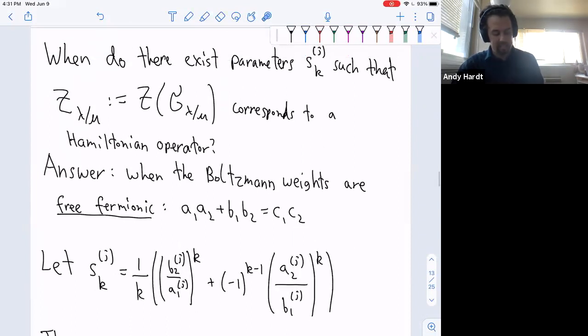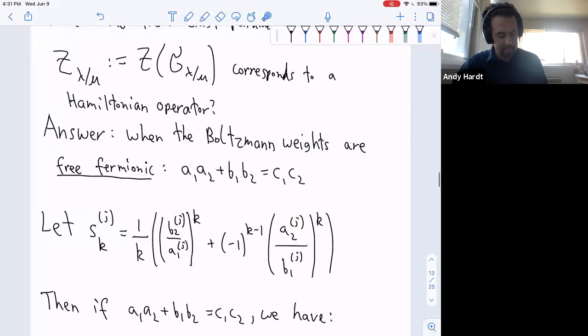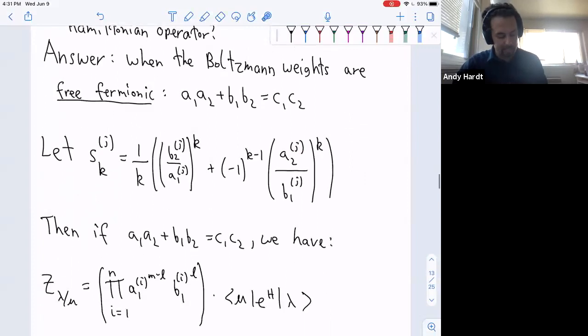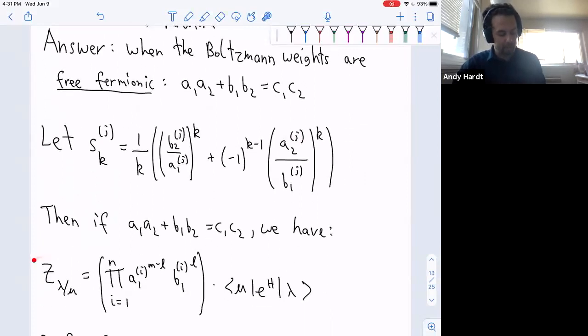This is what ends up being the parameter for the Hamiltonian. You can see this is in terms of the Boltzmann weights. And then if we do have the free fermion condition, we have the partition function being the Hamiltonian times this very simple factor.